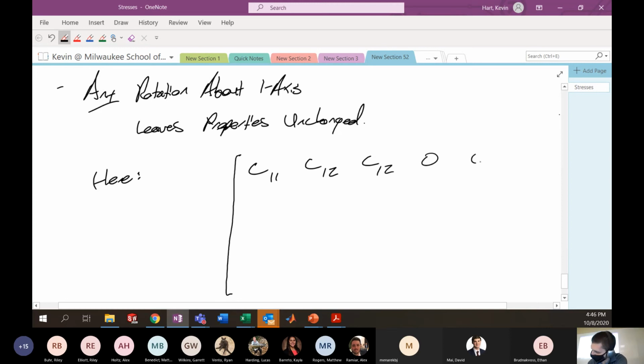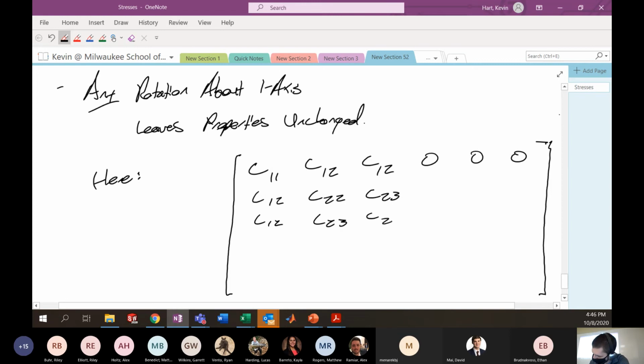Yes, that C12 is meant to be there twice. That is not an error. Same thing with that C22. That's because the 2 and the 3 directions are the same. So we would expect the 2-2 and the 3-3 entries to also be the same.